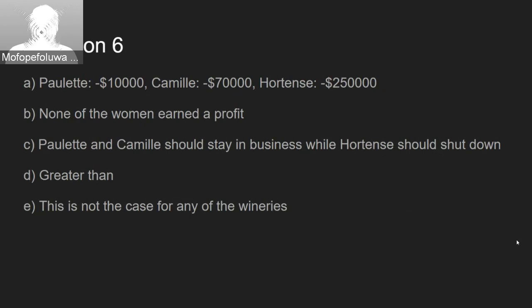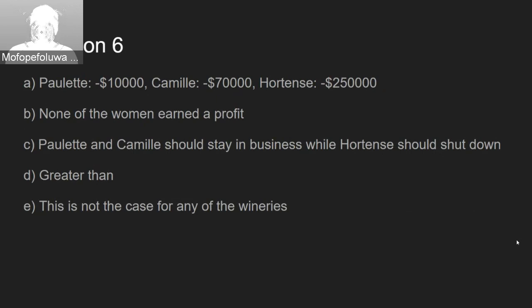And for part D, we are asked to fill in the blank and say even if the profit is negative, if the revenue is greater than the variable costs, then it's best to stay open. And going back to part B, seeing that Hortense's revenue was the only one that was less than her variable cost, it would make sense that her business is the only one that would have to shut down in the short run.